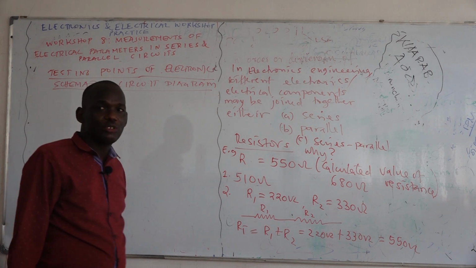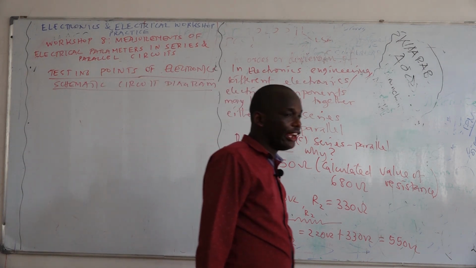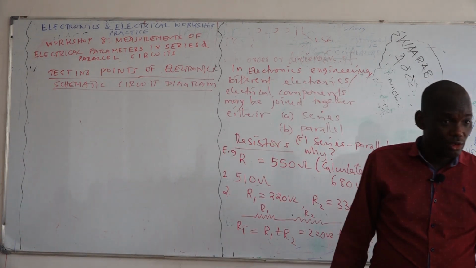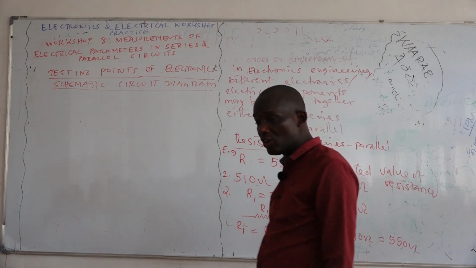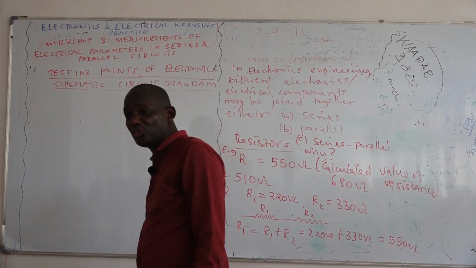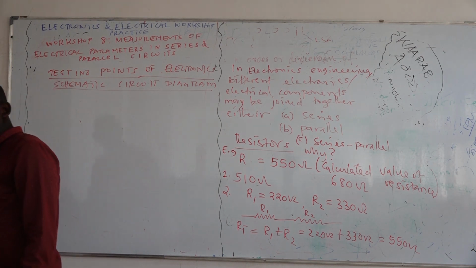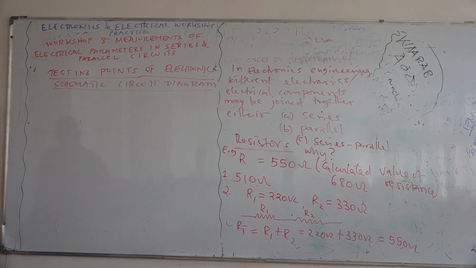Testing points are just like a bus stop. For instance, you are taking a Daladala or Mwendokasi from Kivukoni to Kimara, and it's not the express Mwendokasi. How many bus stops are there? A number of them. Those bus stops are very important.